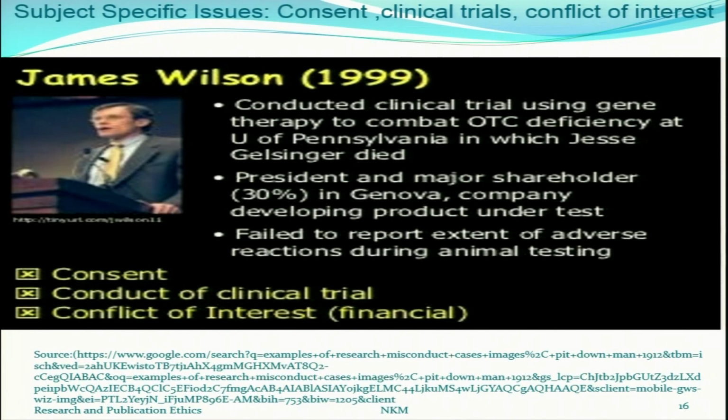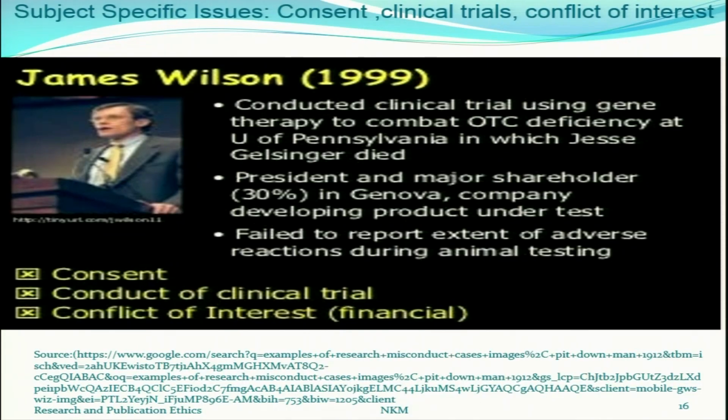In our next case that occurred in 1999, that's about consent, clinical trials, and conflict of interest. This practitioner conducted a clinical trial using gene therapy to combat a very rare genetic disorder, OTC deficiency, at the University of Pennsylvania, in which Jesse Gelsinger died.